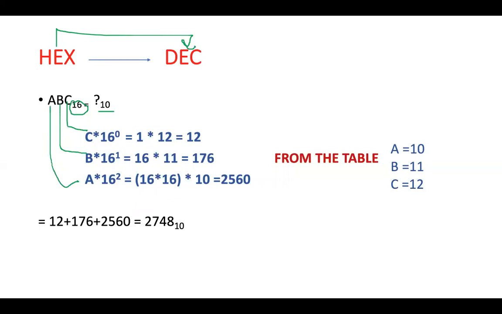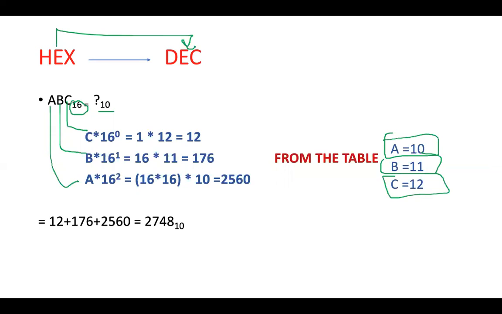So, as a knowledge or from your own mind, you will know that A is going to equal 10. B is going to equal 11. C is going to equal 12. So, we are going to change here. C is equal to 12. So 16 to the power 0 is equal to 1.